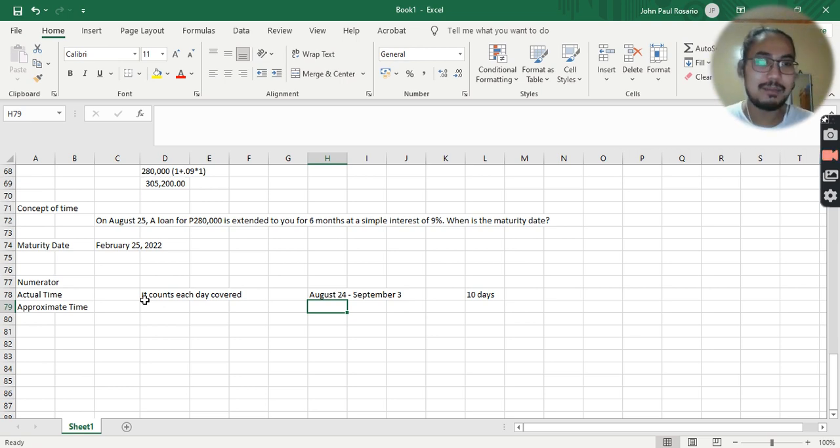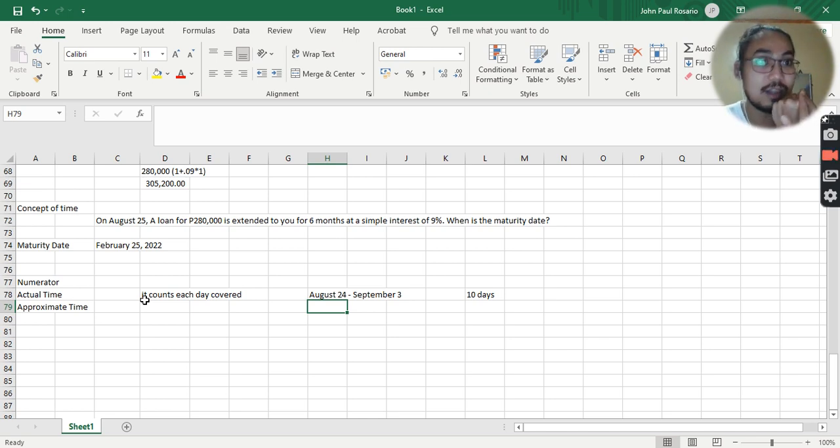By the way, there is a technique if you haven't memorized which months have 31 days and which have 30 days: use your knuckles. Every time it lands on a knuckle, that month has 31 days. If it doesn't land on a knuckle, that's 30 days, except for February, which has 28 days, or 29 in a leap year. So February, March 31, April 30, May 31, June 30, July 31, and then you go back.